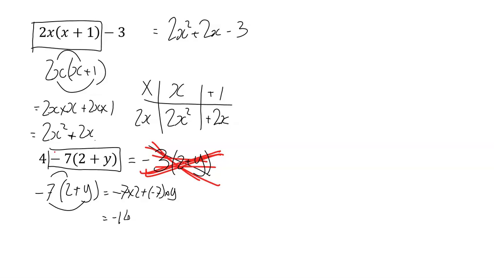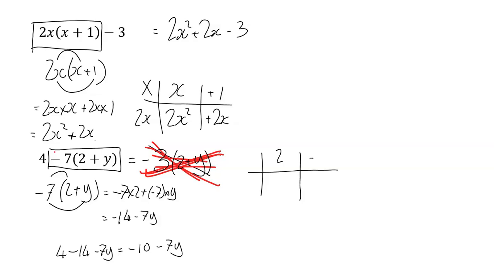So I get negative 14 take away 7y. My expression would then have to be written as 4 take away 14 take away 7y. And if we simplify the 4 take away 14, it'd be minus 10 take away 7y. If I use the table to expand it, again, I could do the exact same thing we always do with the table.